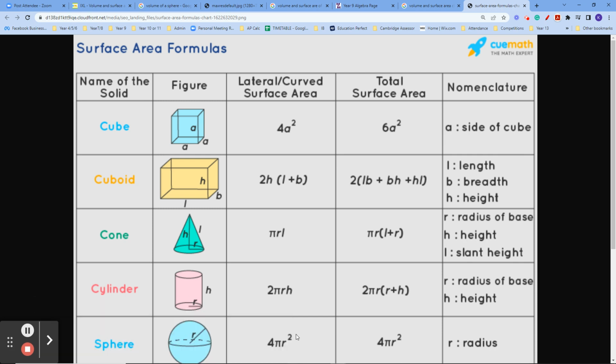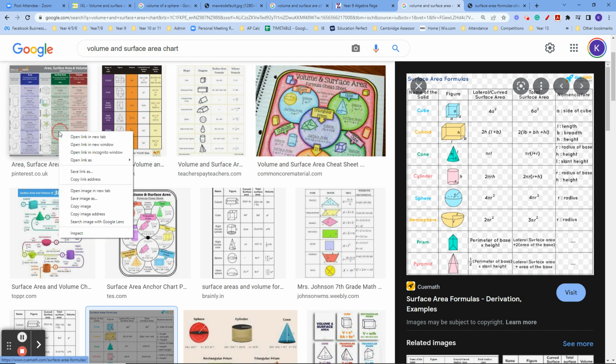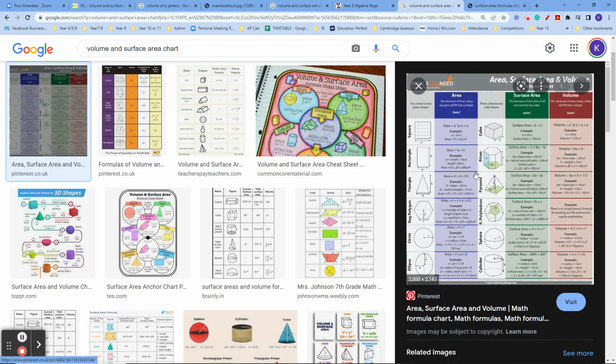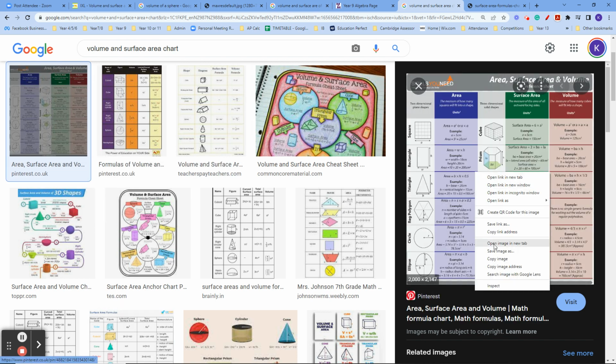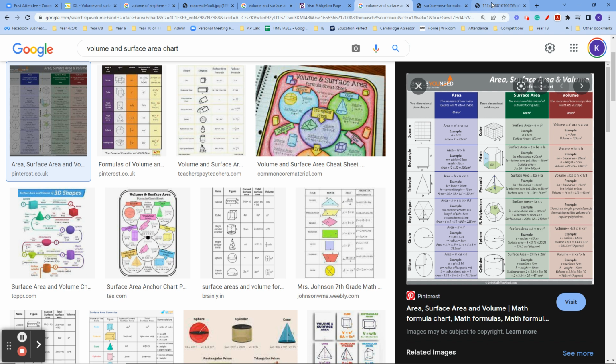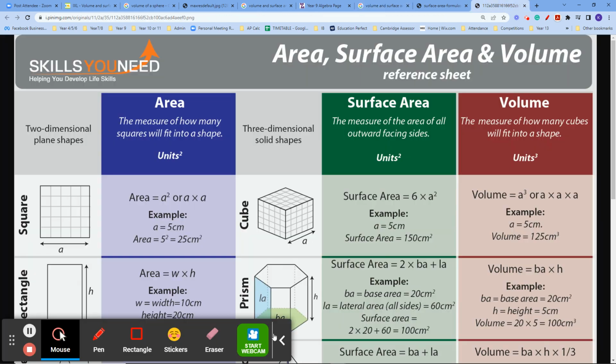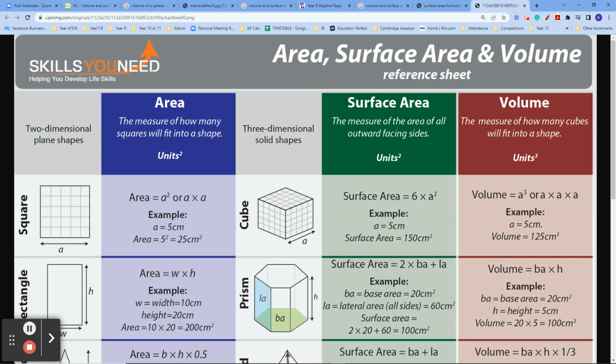So yeah, looking at this surface area chart. All right, this is surface area formulas. So you get volume and surface areas, which you can possibly get into one big formula sheet. Now it's important to understand how to read these formulas. These formulas are very important to understand because they help in many ways.